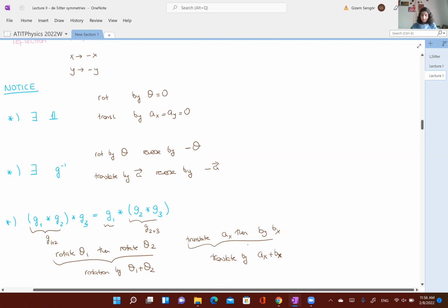Now, operations, so a set of elements with some operation on them that satisfies all these three properties.